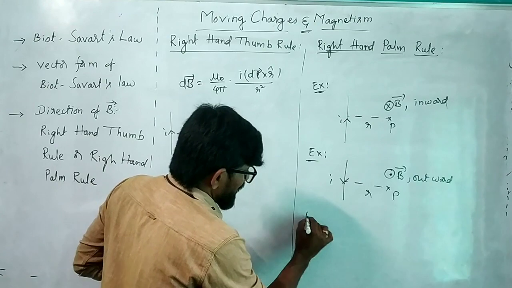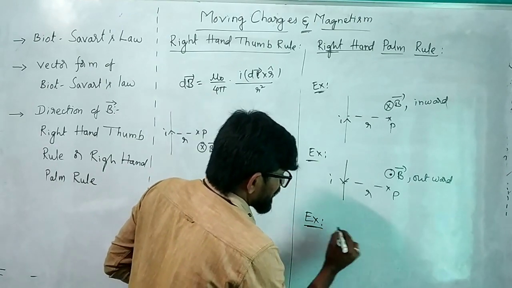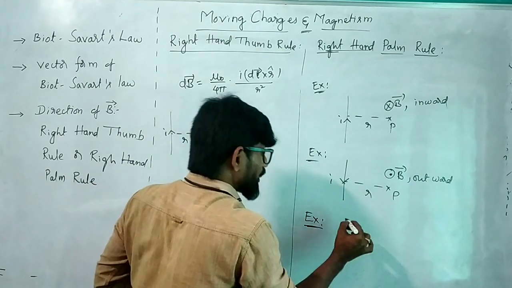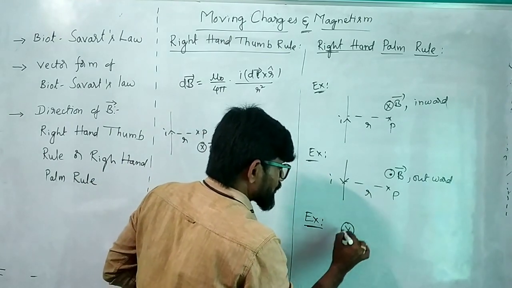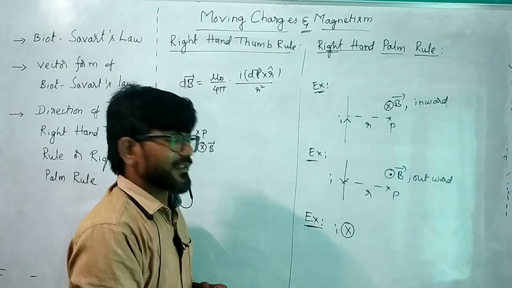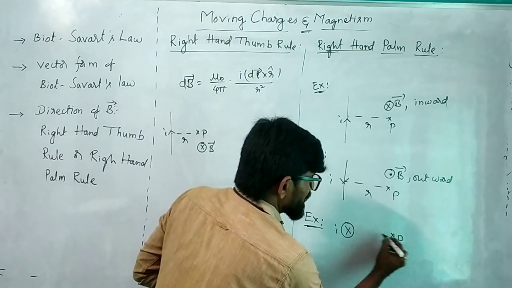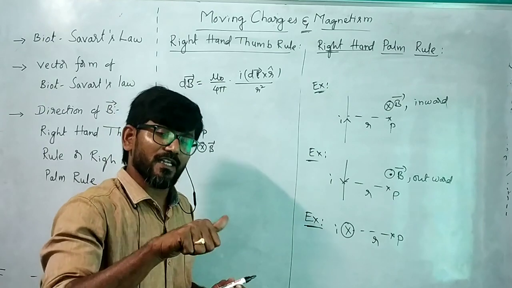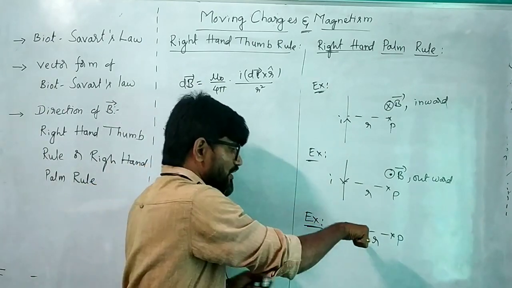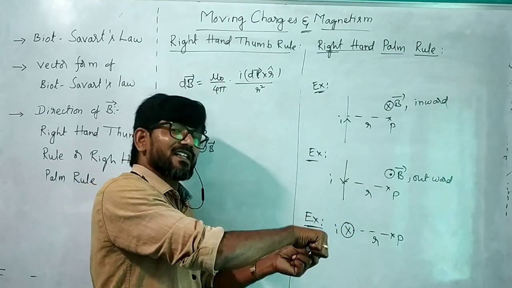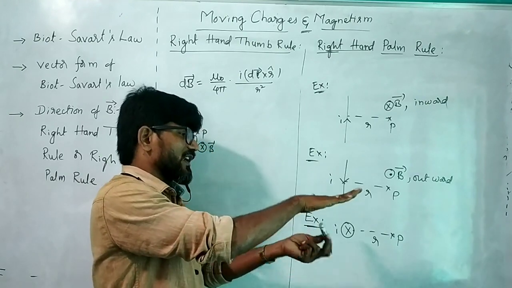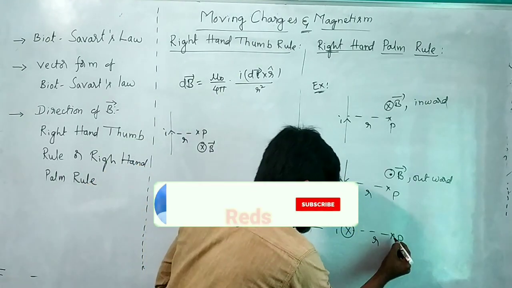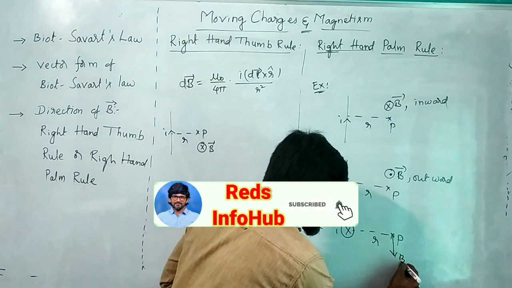From another example, if the current in the conductor is flowing into the plane, then at a point P at a distance R, what is the direction of magnetic field? By the right hand palm rule, stretch the thumb in the direction of current and stretch the fingers onto the point; the direction of palm is downward. That gives the direction of magnetic field. Is it clear?